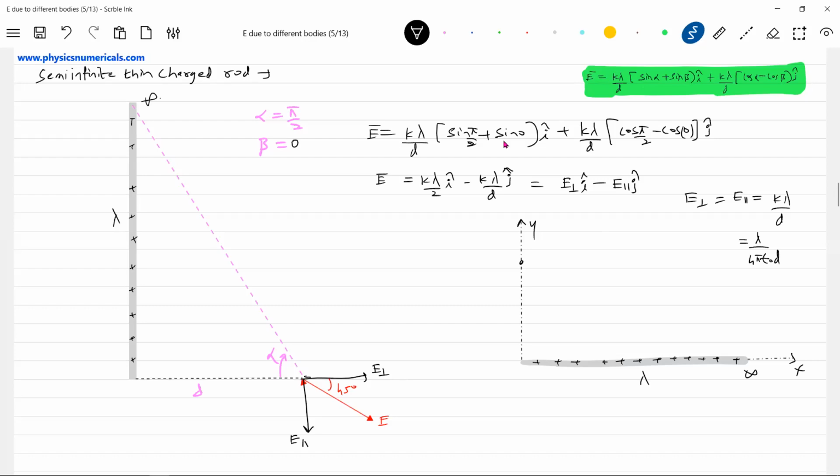At point P, the electrostatic field is needed. Let me change the symbol, let me write A. Find the field strength at point P due to a semi-infinite rod where one end is at the origin, the other end is at infinity, and the rod is along the x-axis.